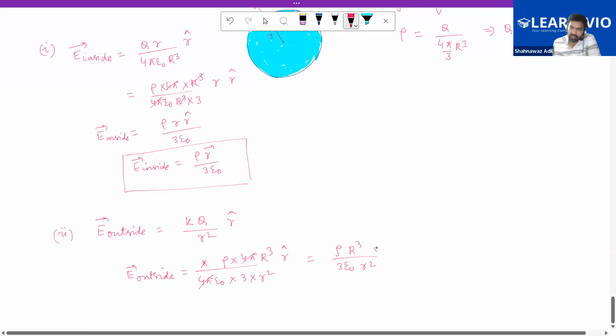So I will multiply by R and R hat. R and R hat will combine, magnitude and direction, and this will give me a vector. So this would be rho R cube R vector divided by 3 epsilon naught R cube. This would be the electric field outside.